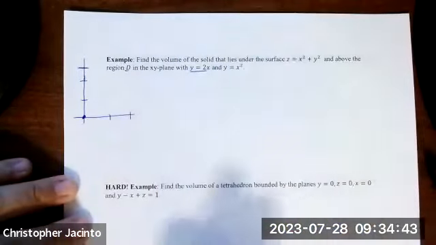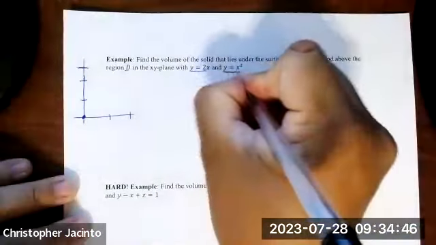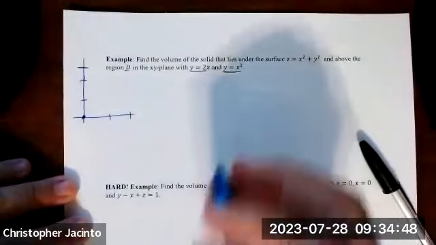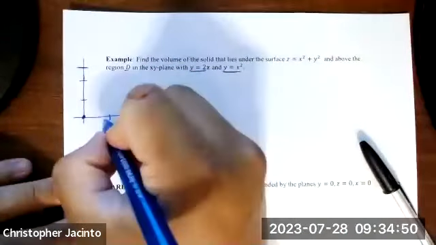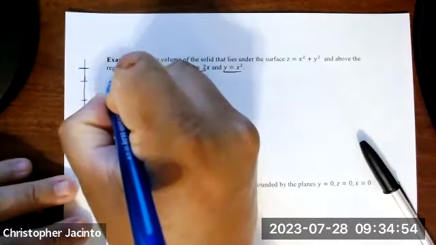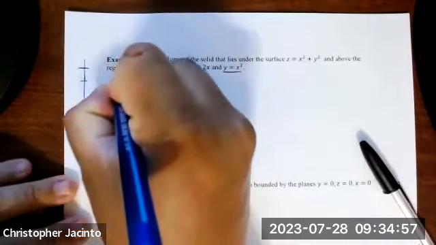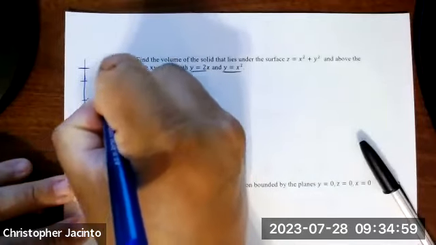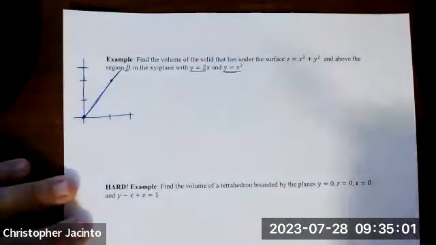So I'll make this blue, and I'll make this black. So x equals 1, y equals 2. So it's just going to shoot up this way. And this is our parabola.